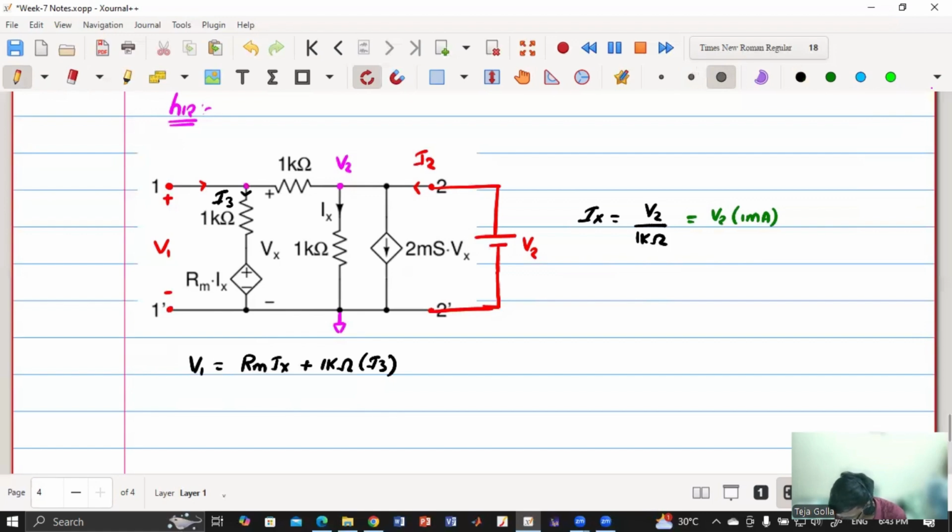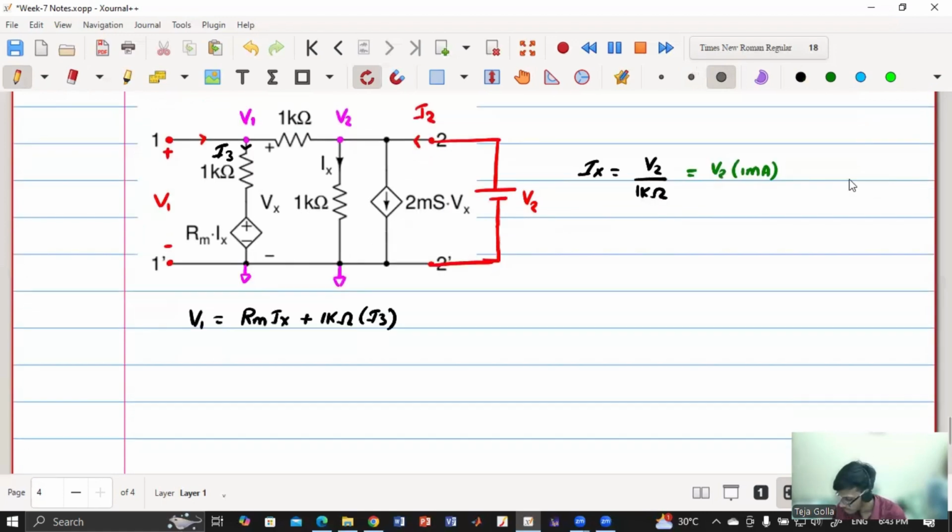This voltage is now V1, because this is ground. V1 is nothing but Rm into Ix plus 1 kilo ohm into I3. So from here, I can get that I3 is equal to (V1 minus Rm into Ix) by 1 kilo ohm.